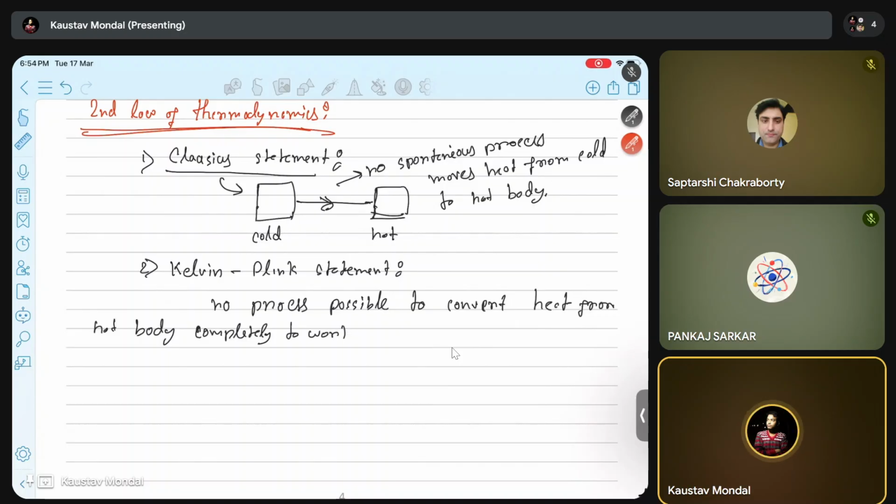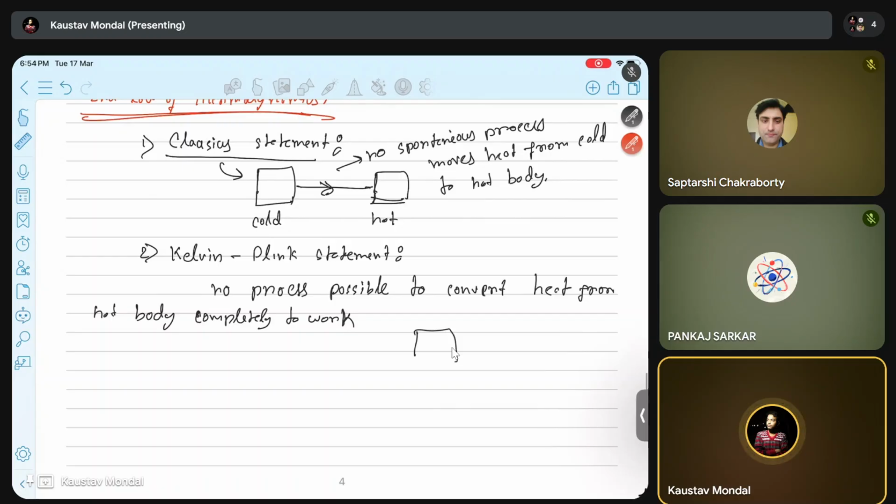It comes from the heat engine concept. A heat engine basically takes some heat from hot and moves it to cold, right? When the heat flows from hot to cold, the heat engine extracts some work from it.